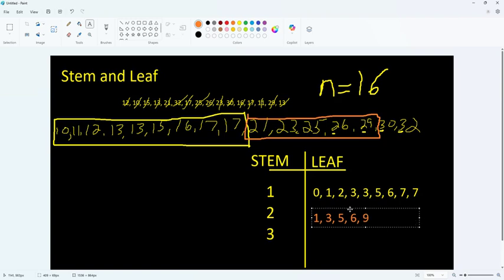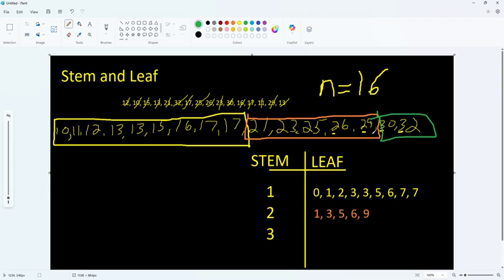And those are the 2s. And then in the 30s, we have a 0 and a 2. And this is a way to distribute the data. All right, so that's my stem and leaf plot.